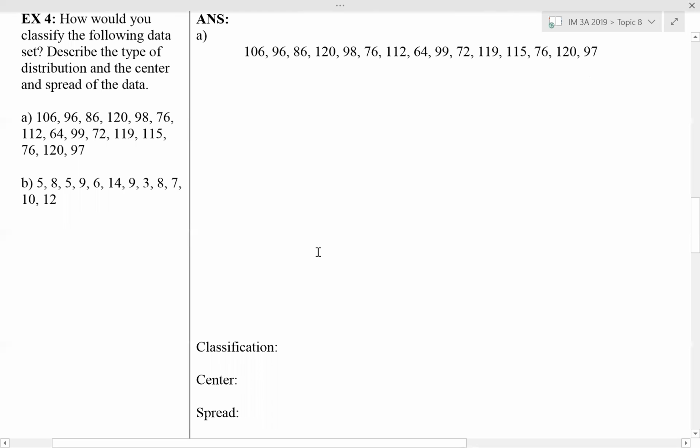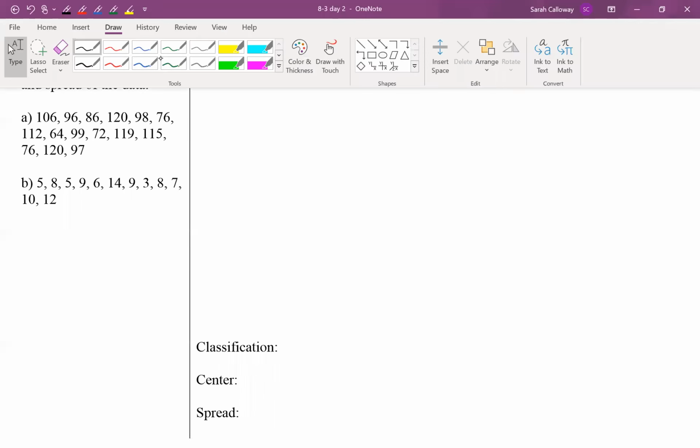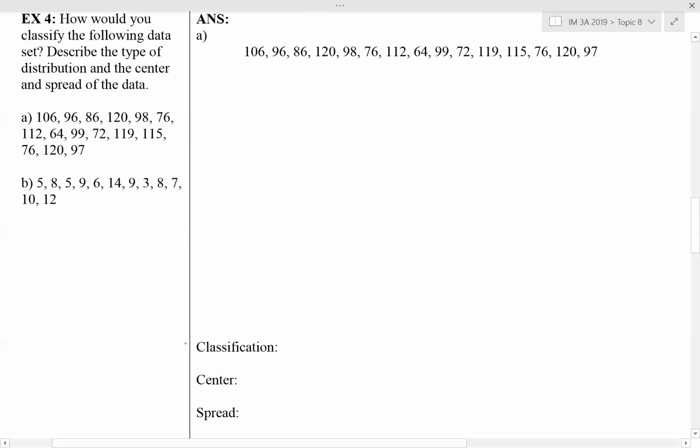Looking at each of these, I have to have the data in order to tell. So what I'm going to check in order to determine what type of classification each of these are, I'm going to find the mean and the median.